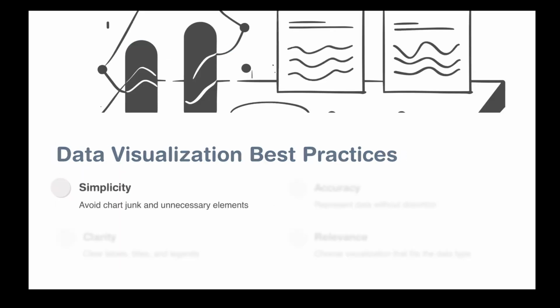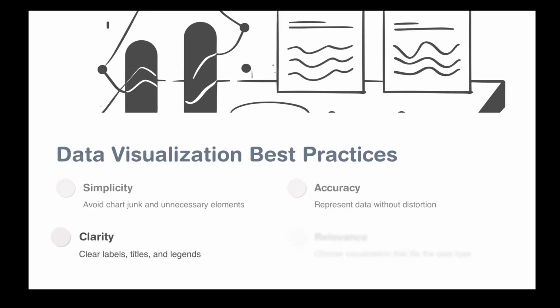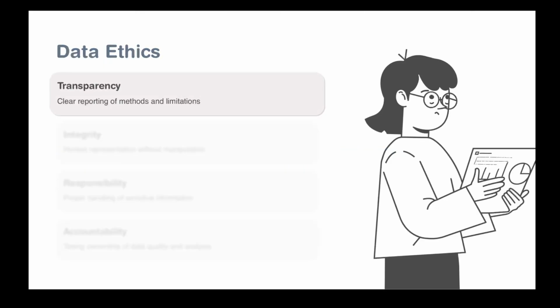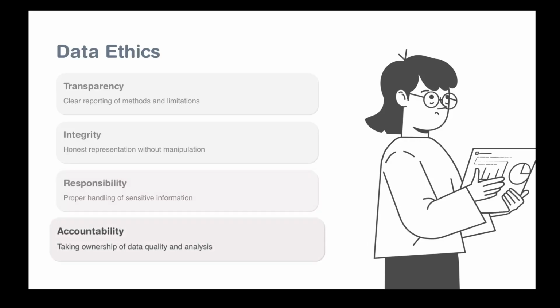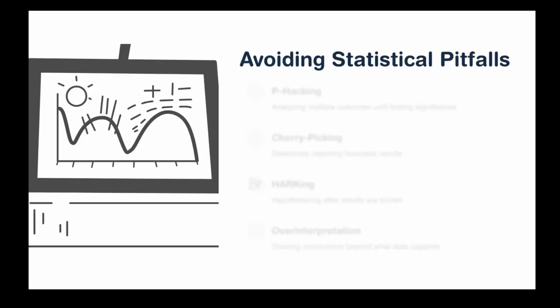The best practices of data visualization include simplicity, accuracy, clarity, and relevance. Based on this, we need to visualize our data properly, and we need to be transparent. Integrity should be maintained. We need to responsibly handle sensitive information. We need to be accountable, taking ownership of the data quality.